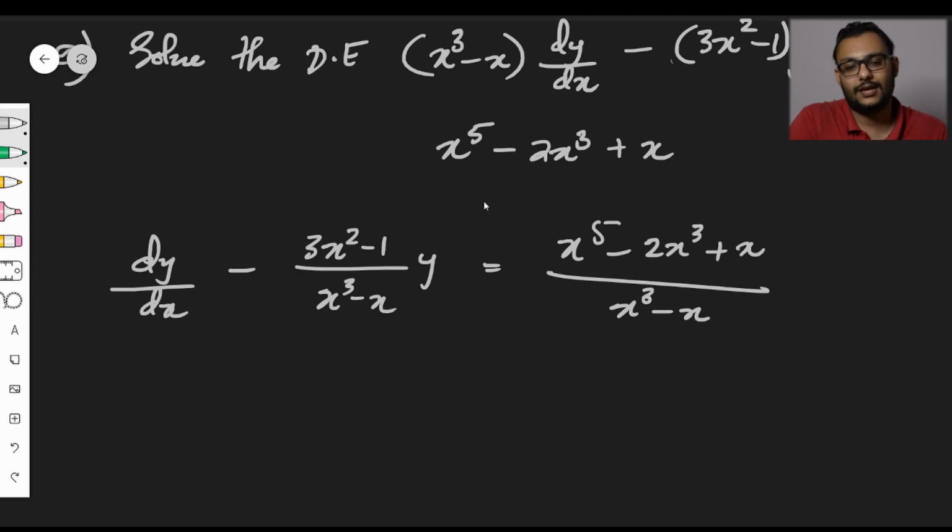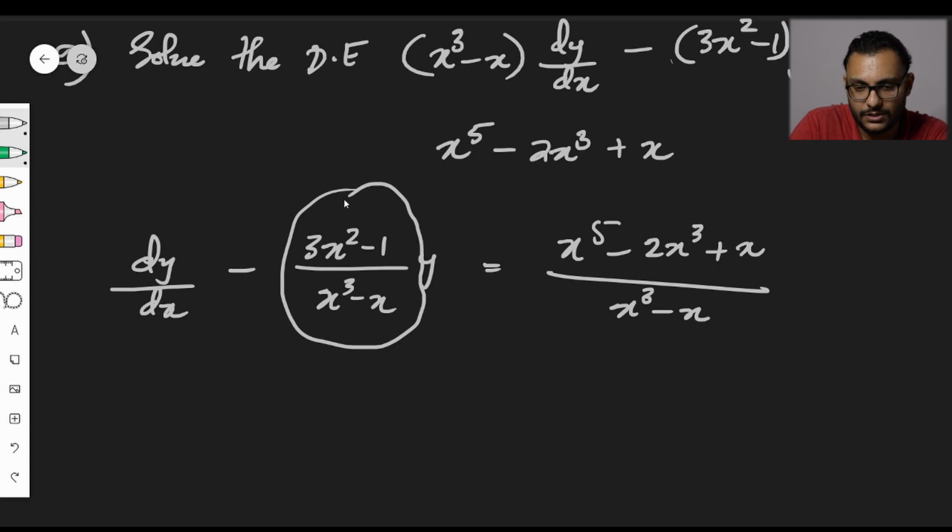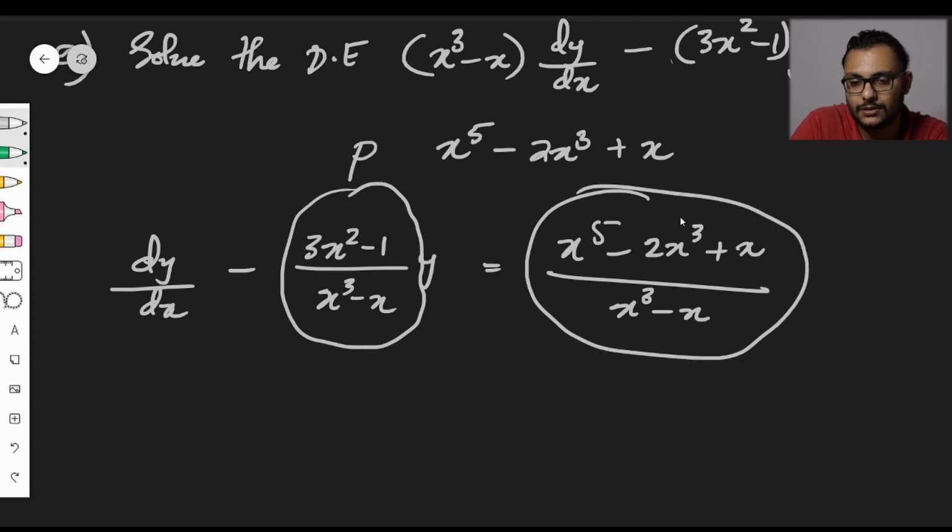Now we can say that this is our dy by dx and this is an explicit function of x which can be termed as p, and this is an explicit function of x which can be termed as q. So this is simply our standard form of linear differential equation. Now we can try to solve this.